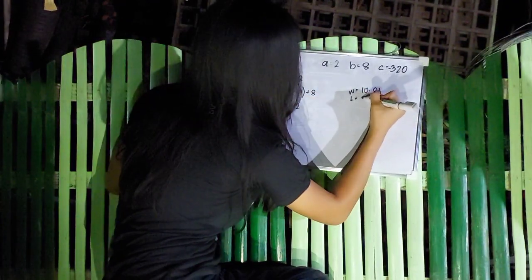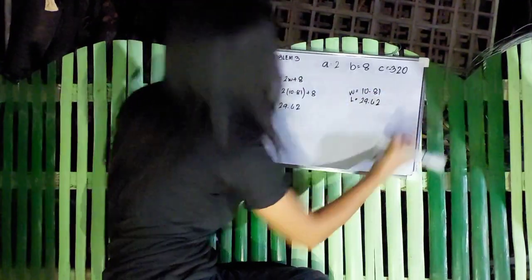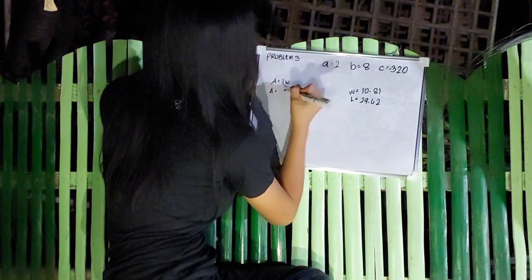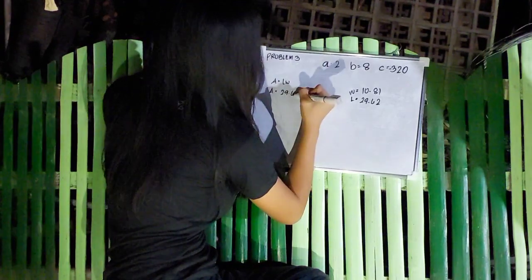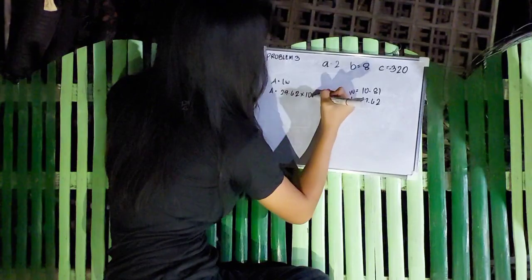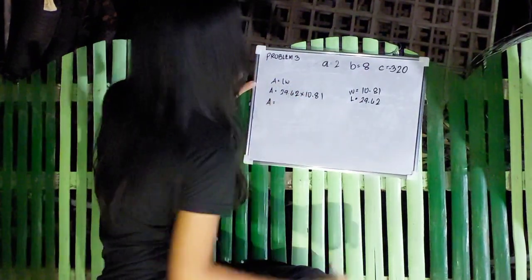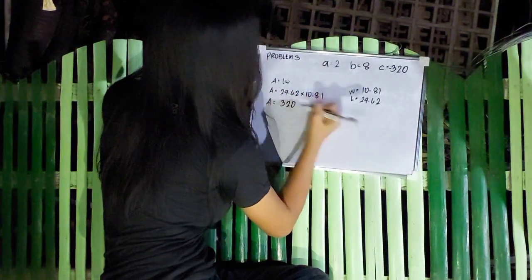So our length will be 29.62. Let us check if the product of the length and width will be 320. Area equals 29.62 times 10.81, which is equal to 320. So the value of our length is correct.